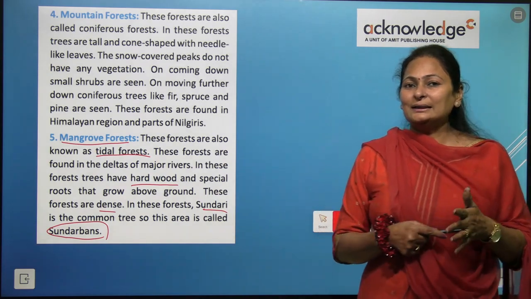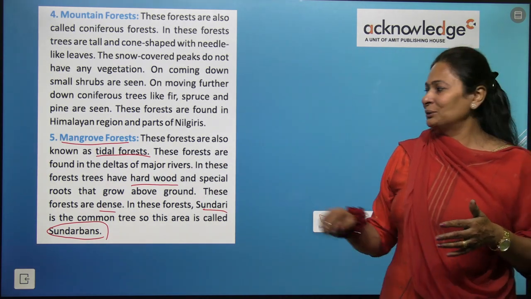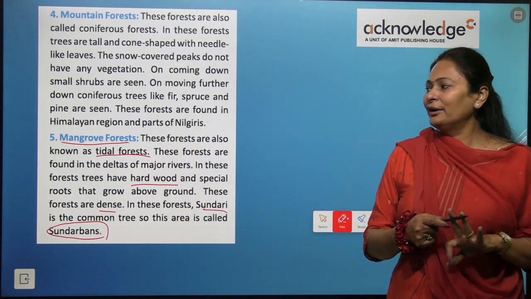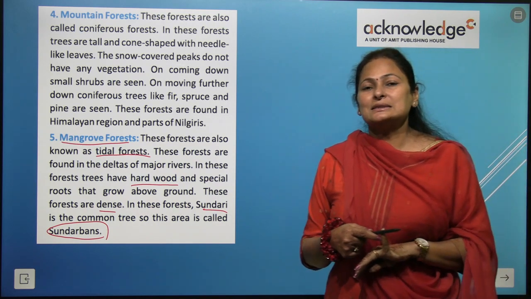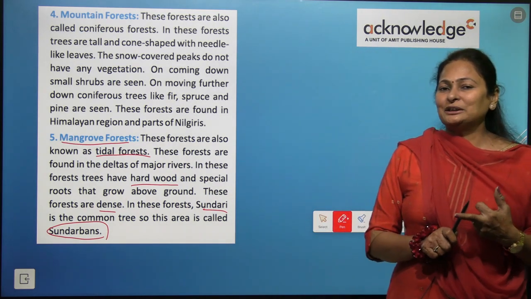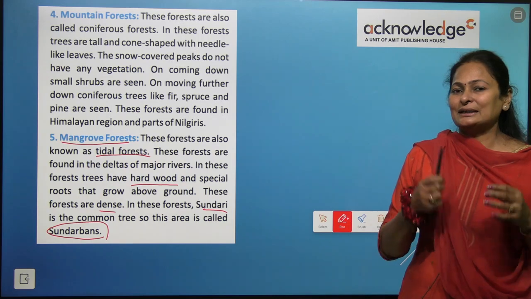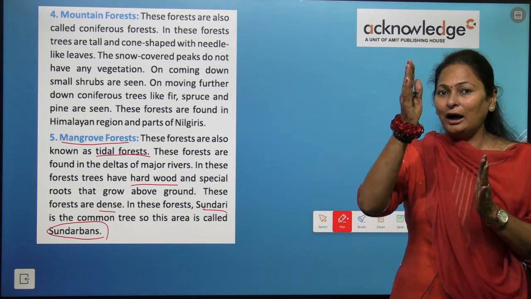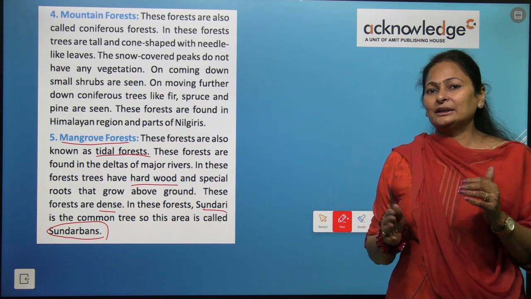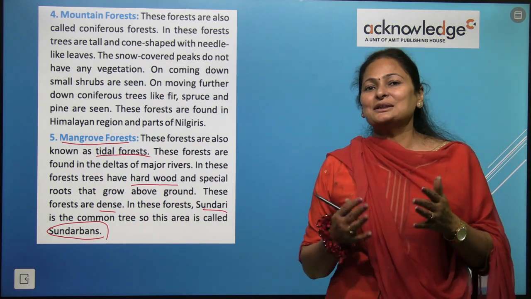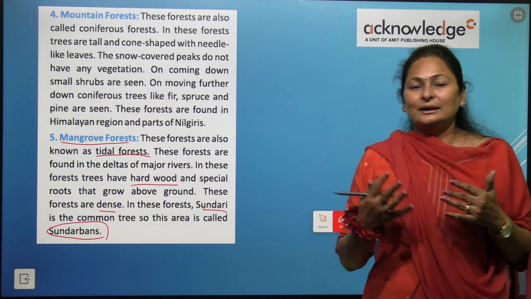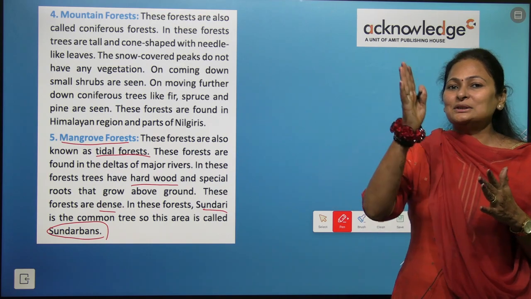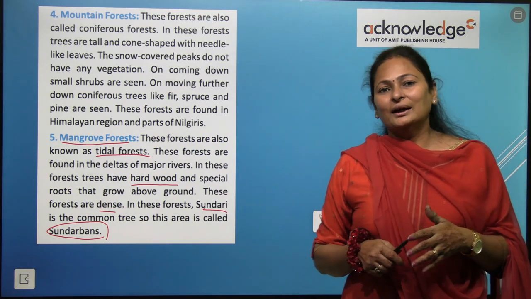So this kind of forest is called mangrove forest, and another name is tidal forest. The speciality of this forest is that the roots of these trees come out in the upward direction. This happens because they need air to grow, and that is why the roots grow upward.